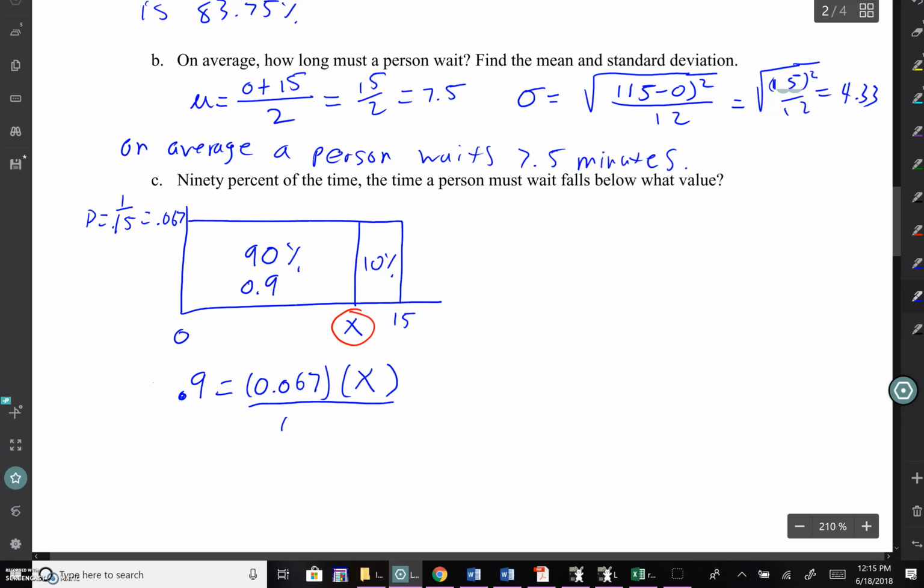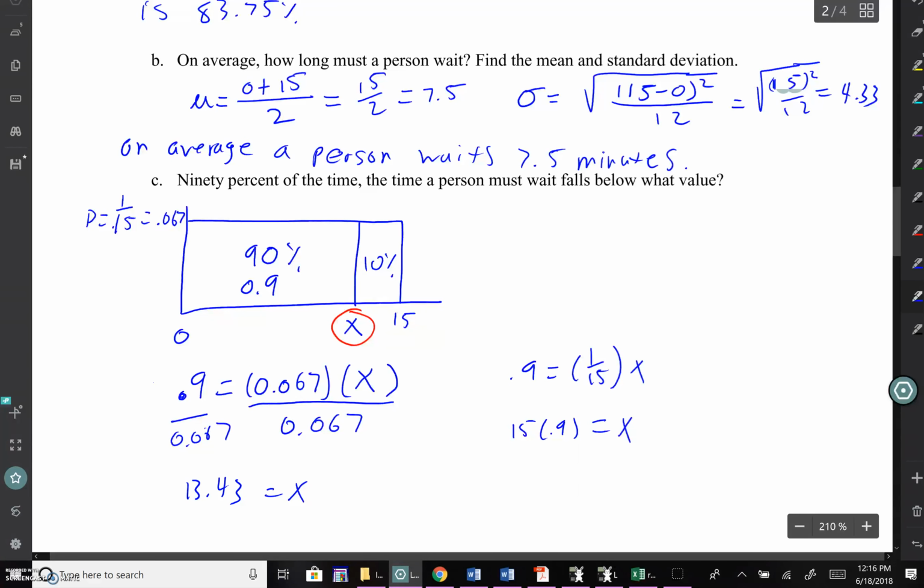Divide both sides by 0.067. And that's going to tell me that x equals 13.43. And like I said, you could have done 0.9 and had the 1/15 times x and multiplied both sides by 15 to get the same thing.